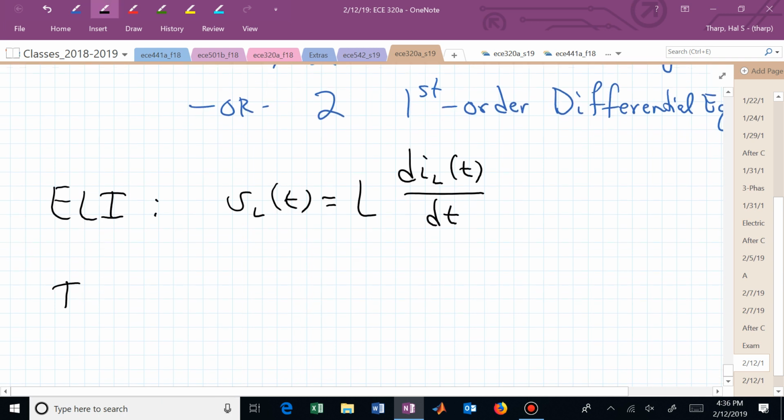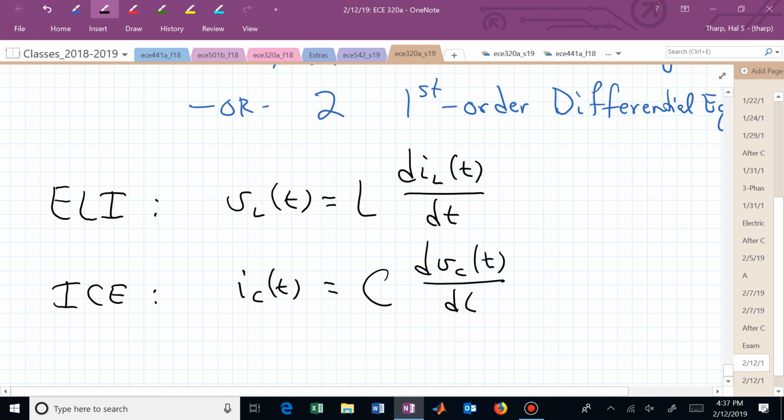And Ice says that the current through that capacitor is proportional to the time rate of change of the voltage across that capacitor.